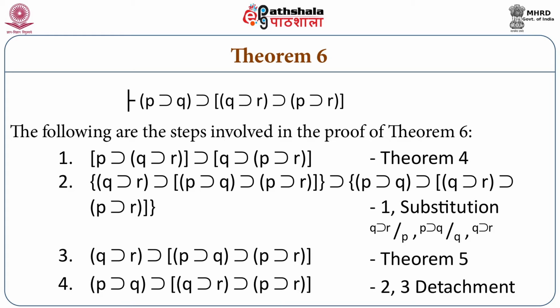So if we apply that rule of modus ponens, we have step number 4. P implies Q together implies Q implies R implies P implies R. That is, by applying the rule of detachment on step number 2 and step number 3, we have derived step number 4, which is what we want to derive. That is theorem number 6.